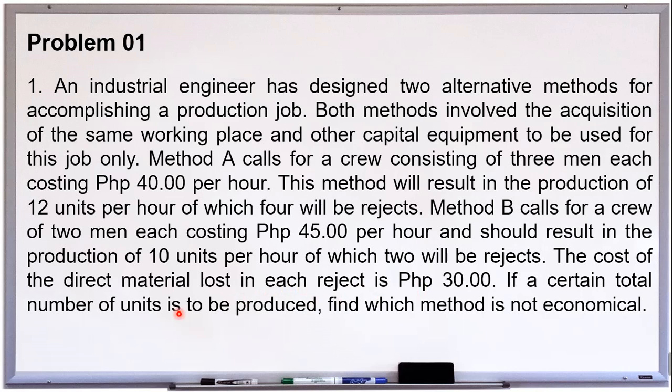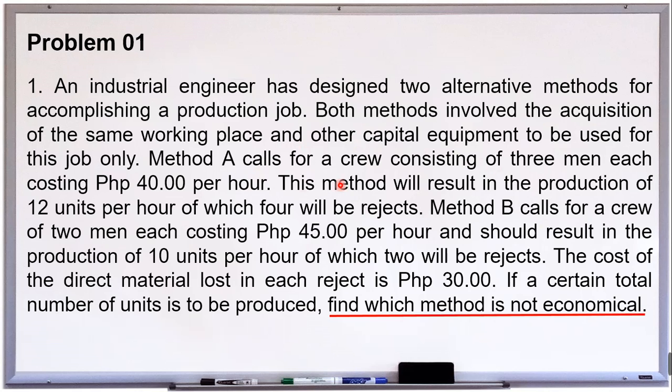So if a certain total number of units is to be produced, the requirement for this problem is to select which method is not economical. Since it is not economical, we're going to select the method that produces more cost.